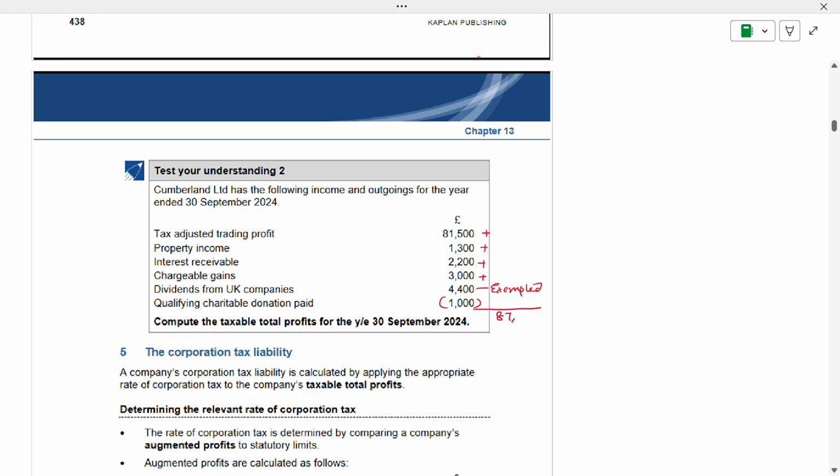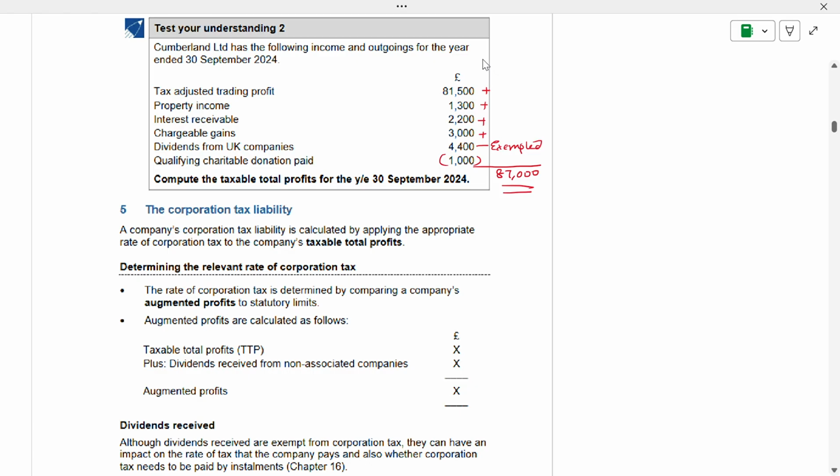This I am saying 85 plus, it is exempted, and it will be deducted. It comes to how much? 87,000. Is it okay with you? Yes, sir.